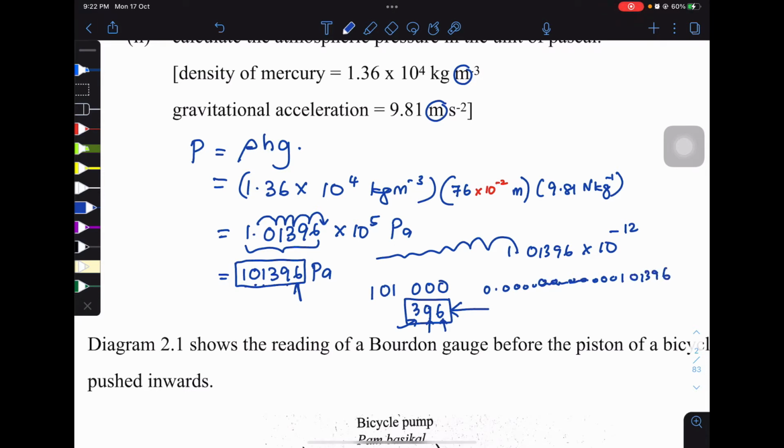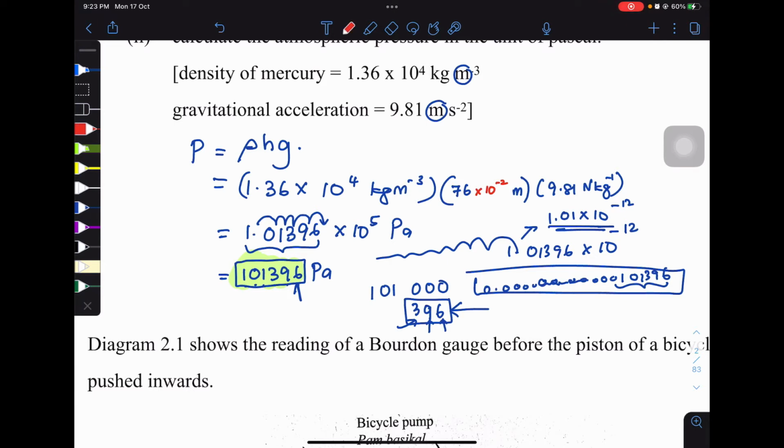If this is the case, it's not even 1, so you can just write it like this, 1.01 times 10 to the power negative 12. This is okay. But for this one, you cannot simply write 1.01 times 10 to the power of 5 Pascal if the student leaves it out. This is wrong, because the values at the back are important.